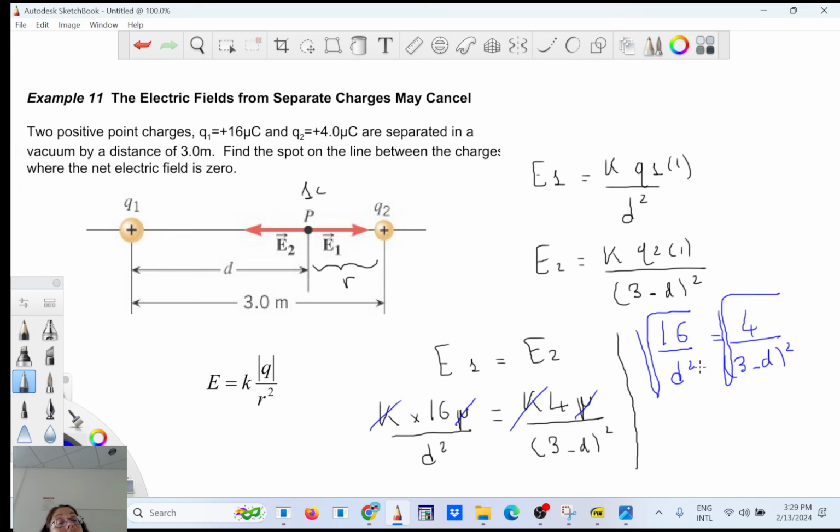So the square root of 16 is 4 over D equals the square root of 4, which is 2, over 3 minus D. Much, much better. And then you can cross multiply. 4 times this equals that times this. It's a proportion. So you can do 4 times (3 minus D) equals 2D.